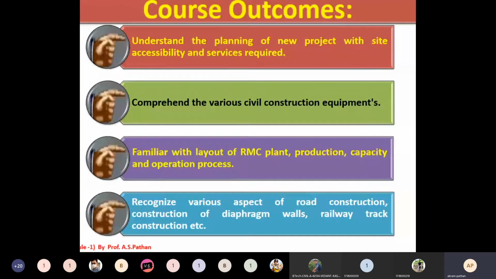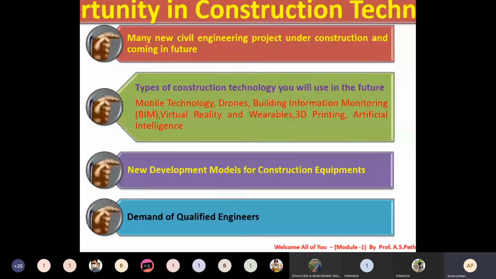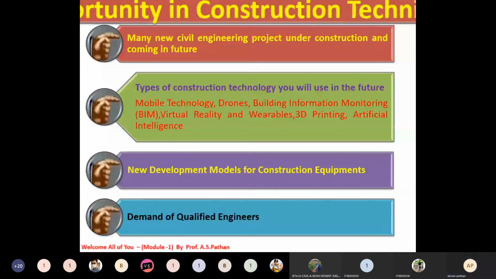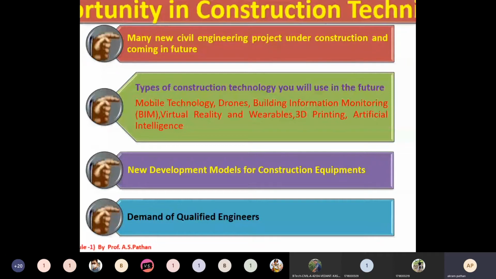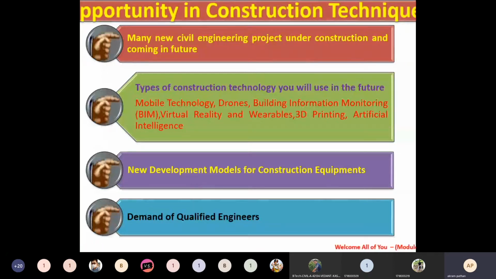Also, in the last lecture we saw that there are opportunities in construction technology, right? Many new projects will be coming under construction.